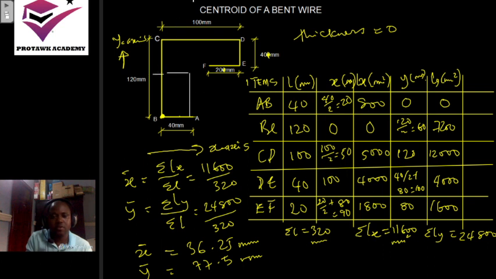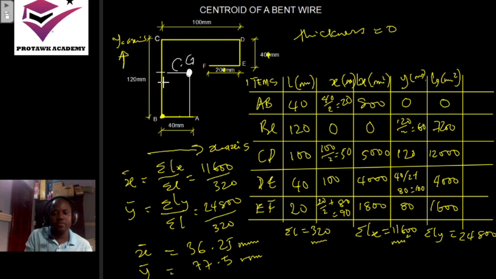So this is the position of the centroid of the member, the CG. It lies here.